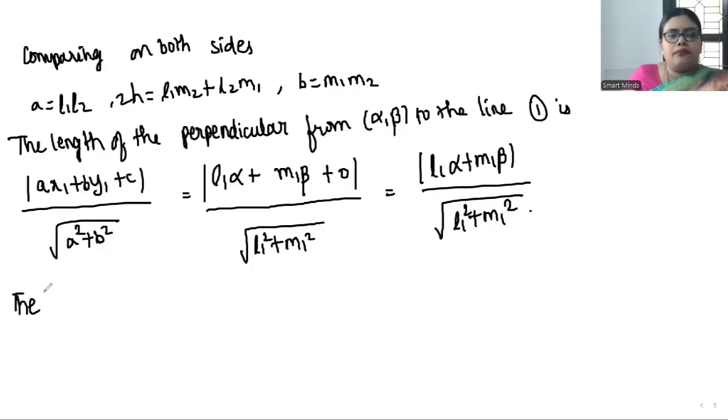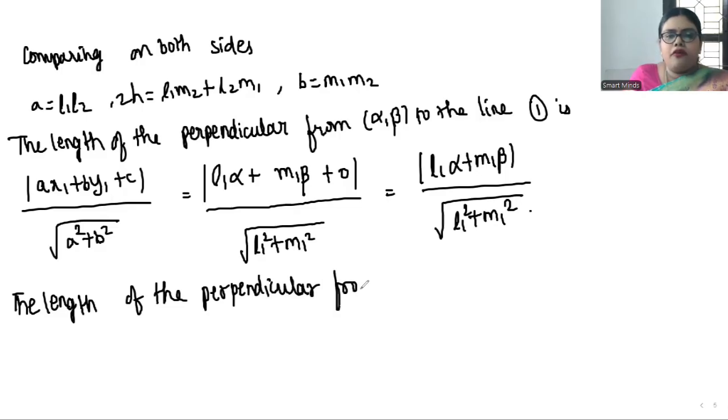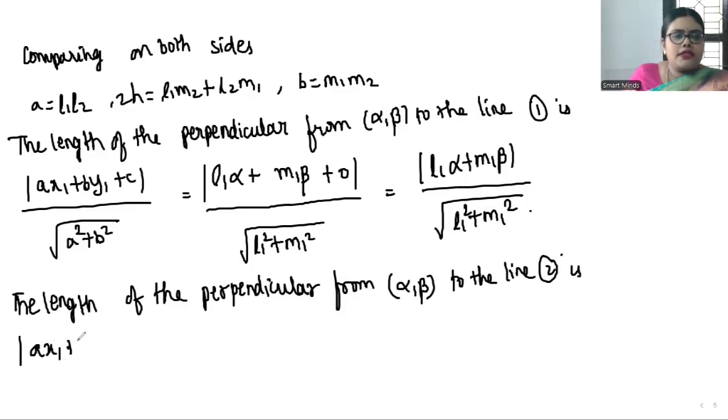Now the other one. Now the length of the perpendicular, same way we have to proceed, from alpha comma beta to the line 2 is, again we use the same formula, Ax1 plus By1 plus C by root A square plus B square.